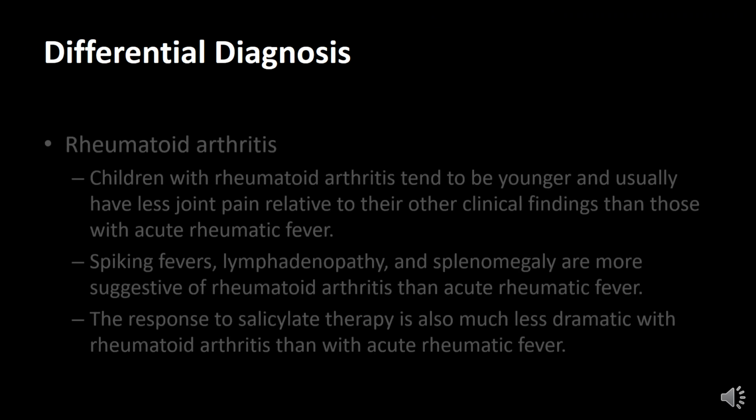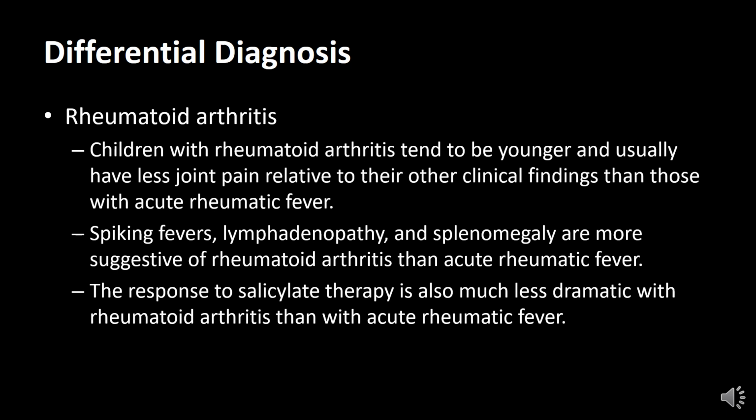What are some of the differential diagnoses? The first one is rheumatoid arthritis. And like we said, there's the epidemiologic picture for acute rheumatic fever. It's common in the school-going age. But rheumatoid arthritis will usually be present in much younger children. Okay?